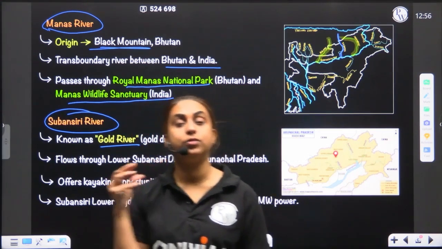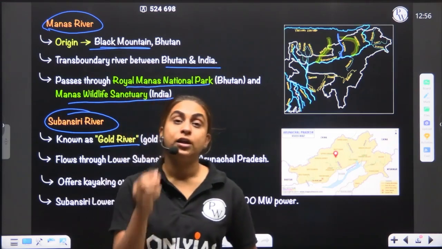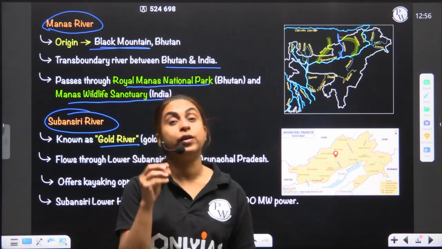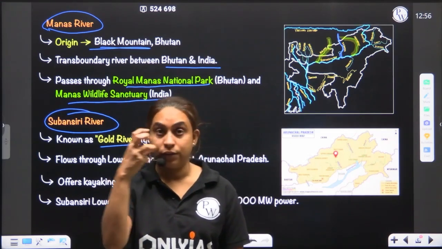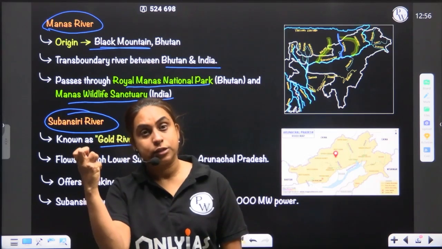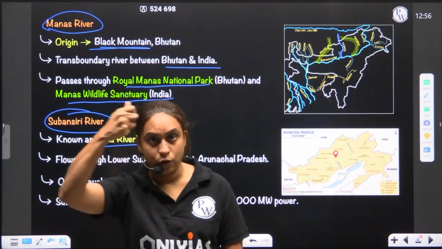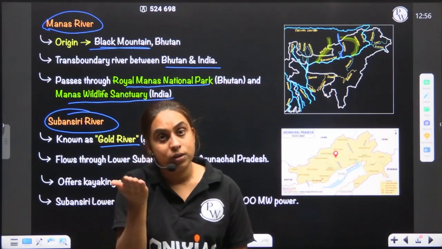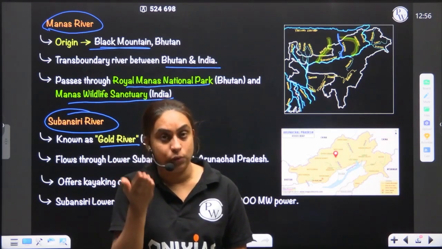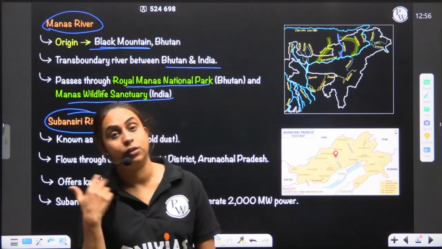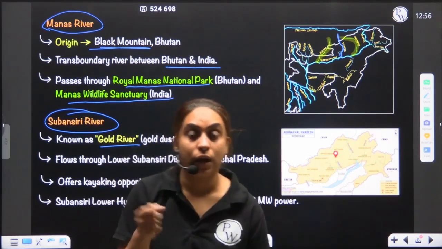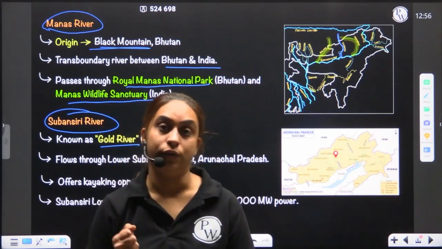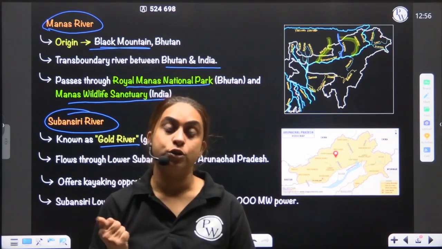The hard minerals, especially the gold particles, the alluvial gold, are brought by the rivers. When the river slows down, the gold starts getting deposited. You will see that many of the tribal population and the older population look out for gold along the river. Hence the name Golden River, Subansari.